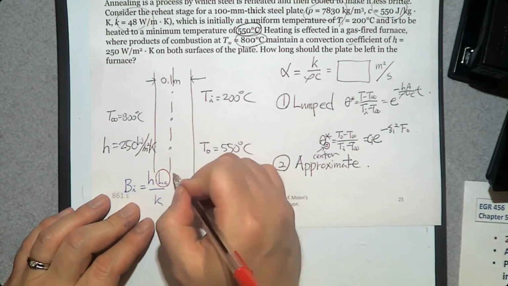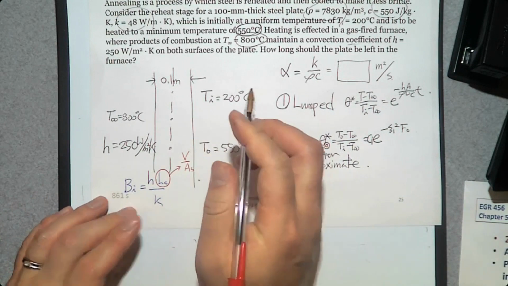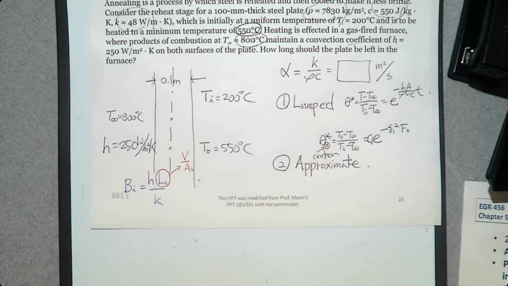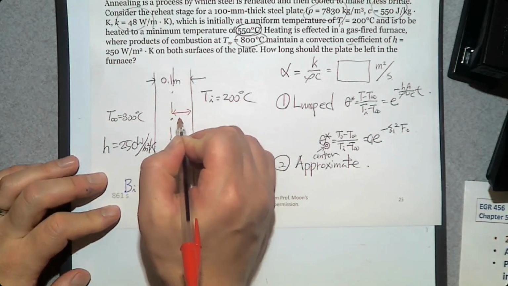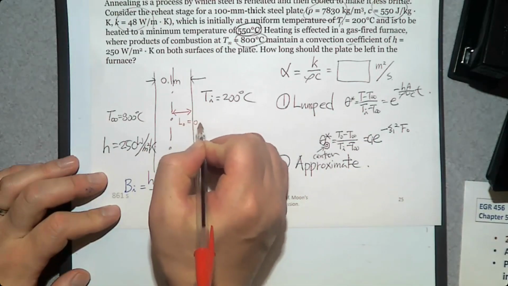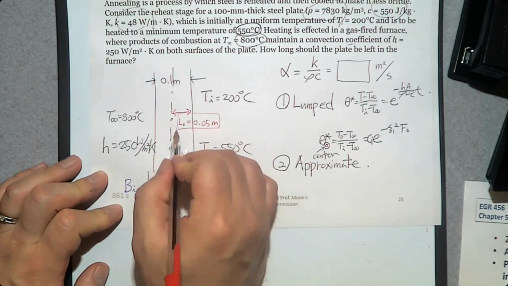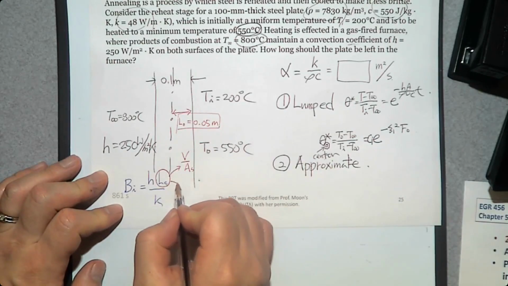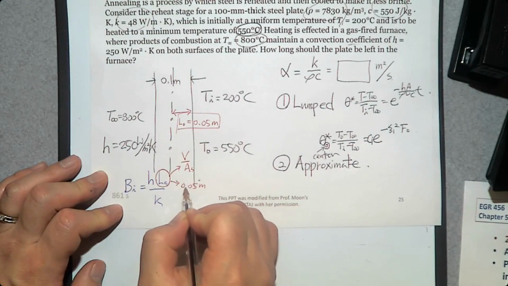This characteristic length can be determined by volume divided by surface area. However, in this plane wall, we do not know how to determine volume and the surface area. So in that case, we use half of the thickness, L0, which is 0.05 meter. So characteristic length should be 0.05 meter.